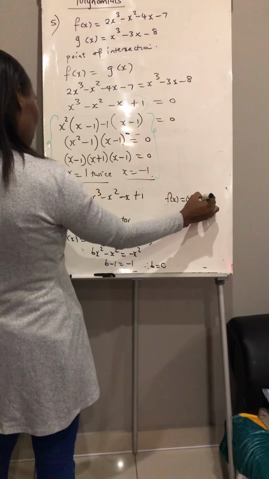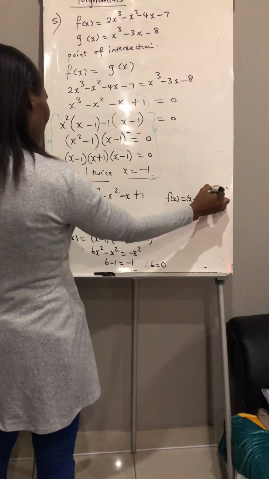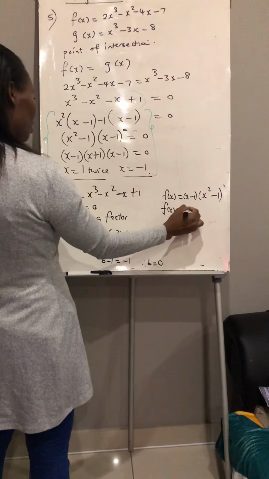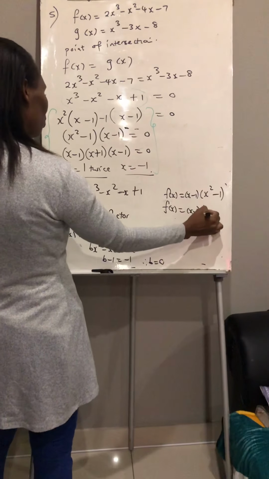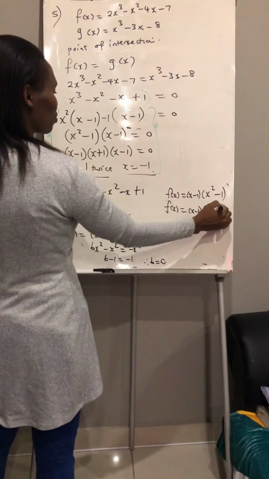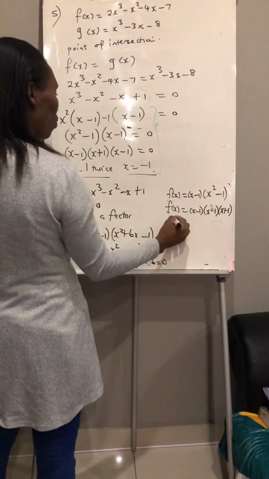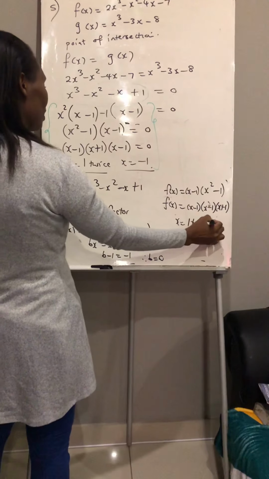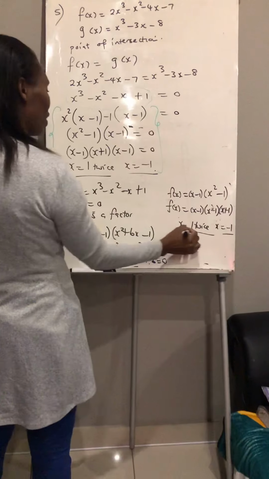So let's see, x minus 1 will be x squared. Oh, no. It's actually the same. Okay, this is how you are going to simply do it. Notice it's a difference of 2 squares, so you write x minus 1, x plus 1 to give you your 1 twice, and x of minus 1 as well.